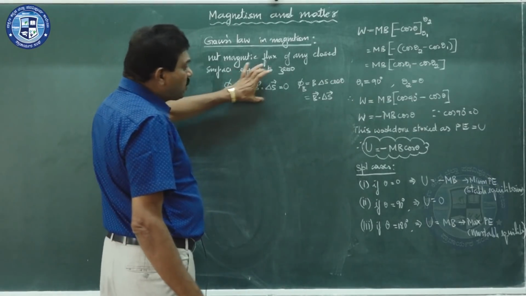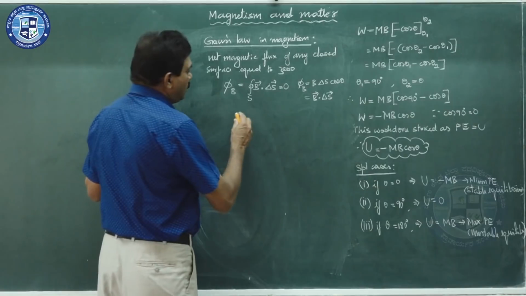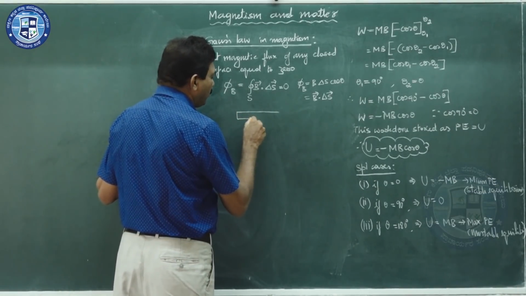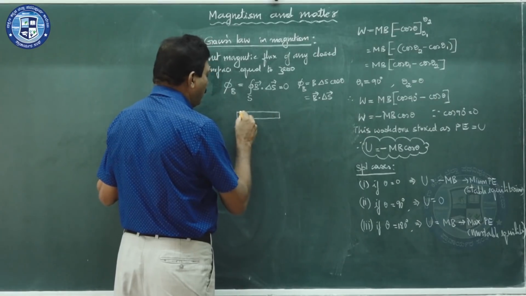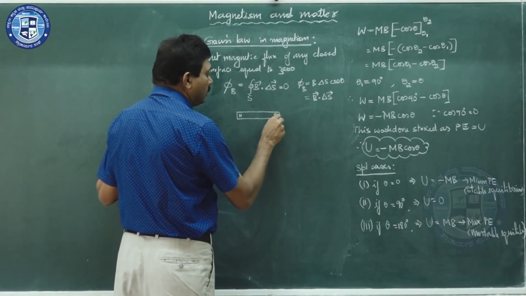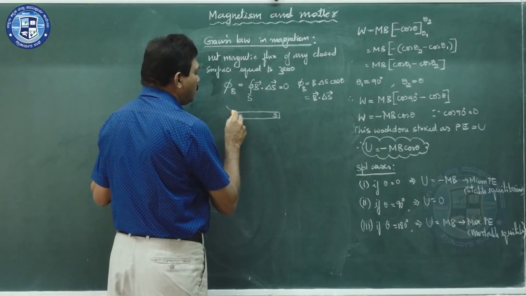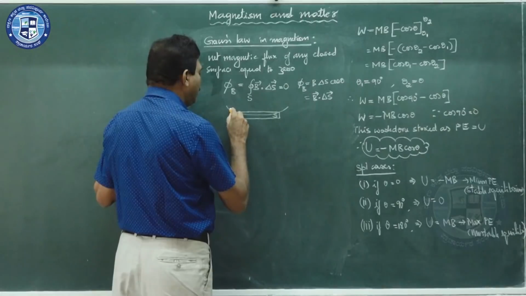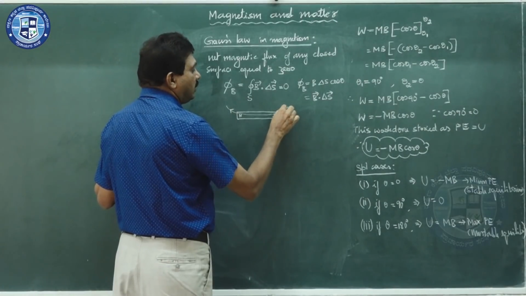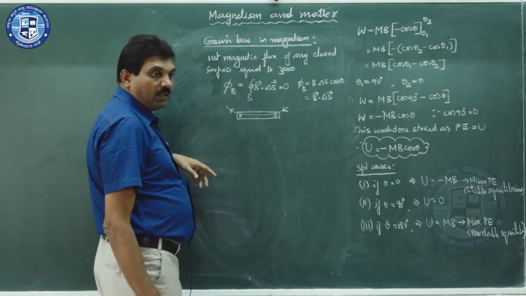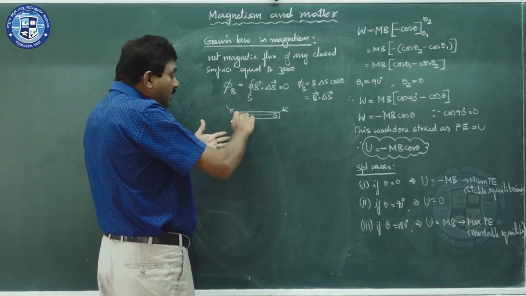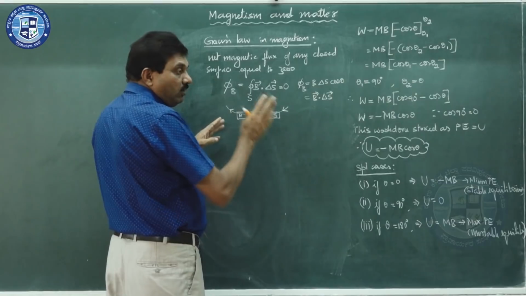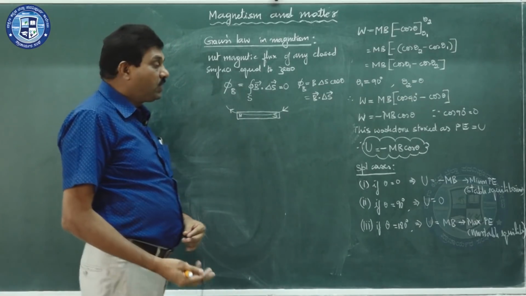Now, why does it come to 0? Because, as you studied, say there is a magnetic dipole, this is the north pole, this is the south pole. As you have seen, the magnetic field lines here are emerging, and here they are inward. However many lines are emerging, that many lines are inward, which means the total flux will be 0.